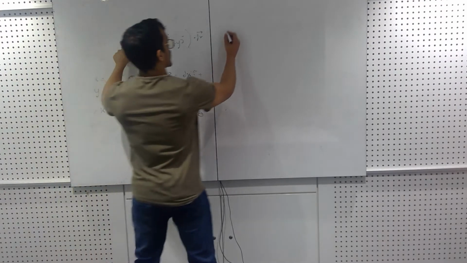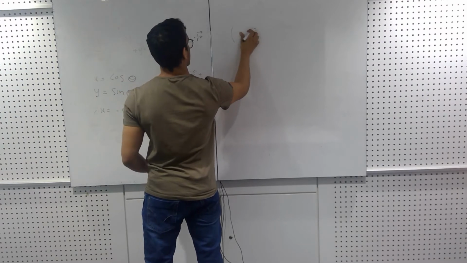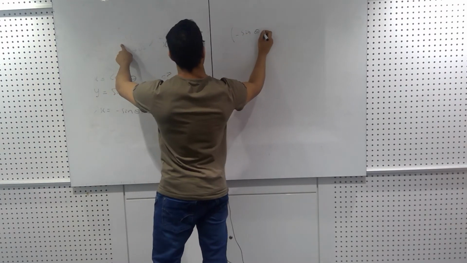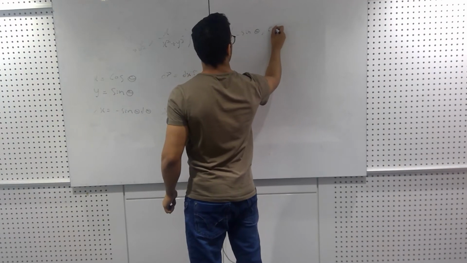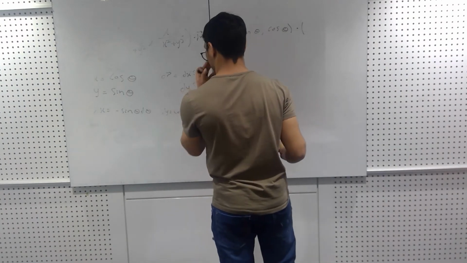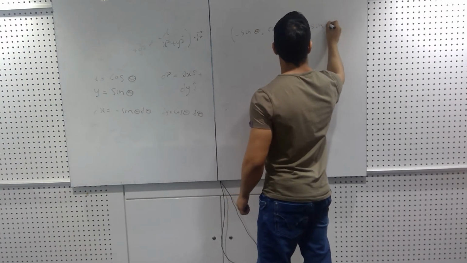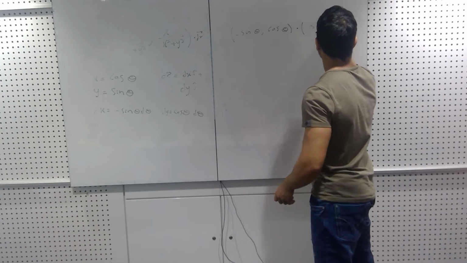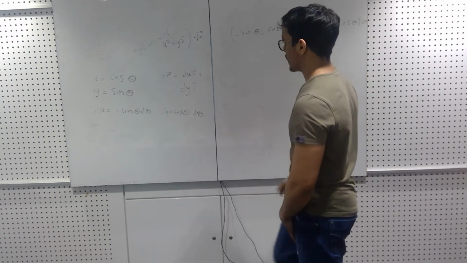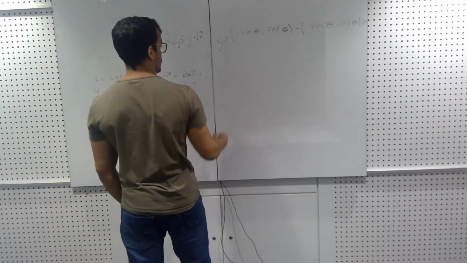What's left is sine of theta, and it's negative from the question: negative sine of theta, cosine of theta, dotted with negative sine of theta, cosine of theta, times d theta, over the closed circle.